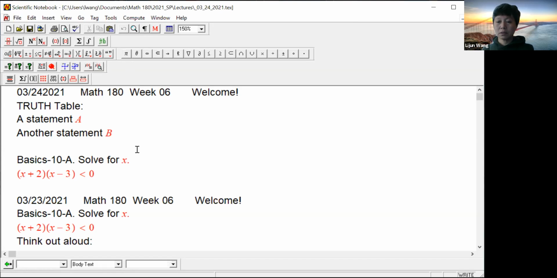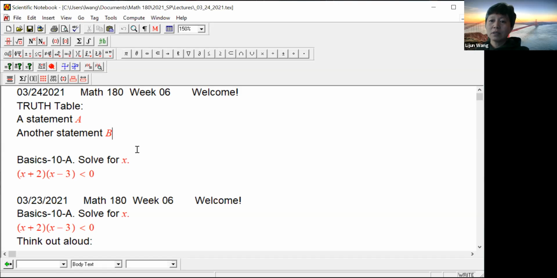What are statements? Statements in our everyday life are just when you make a sentence, you make a statement. But a statement in mathematics often is a shorthanded expression.